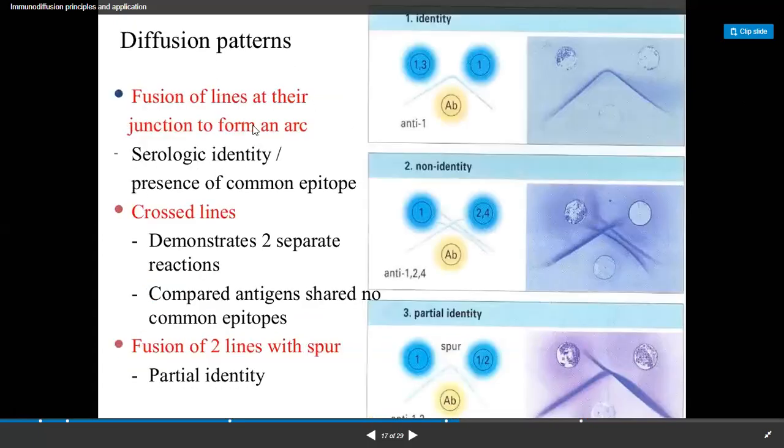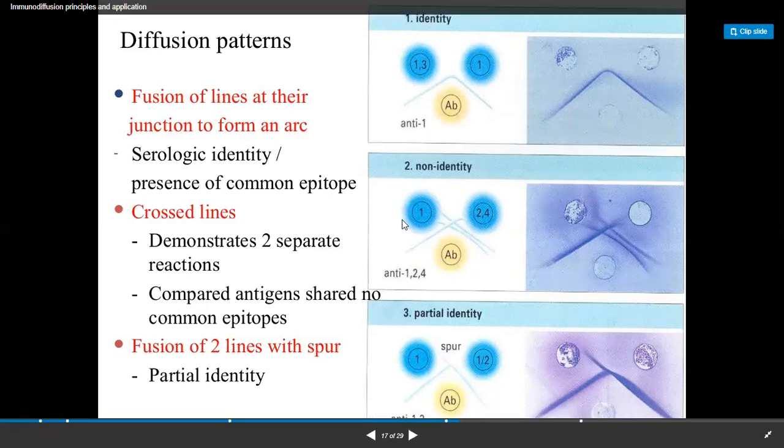After diffusion, if the antigens are identical, we get this pattern. Okay, this is the original pattern. But if these two antigens are not identical to each other, then we get this pattern.